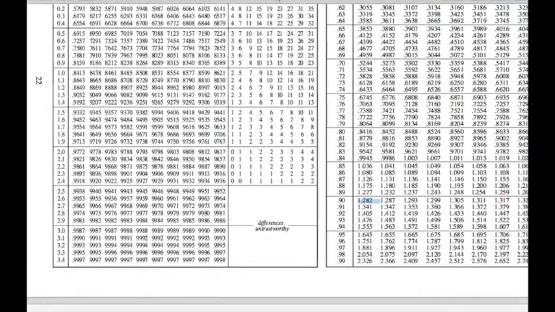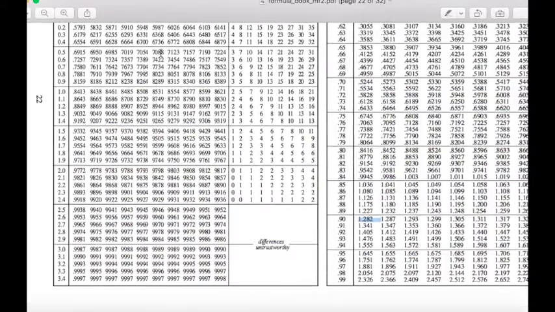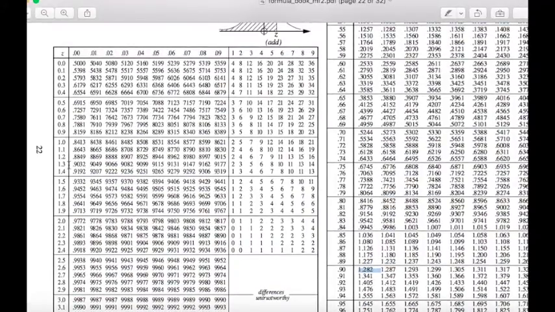So, 0.766. So that's going to be 7664 plus 18.